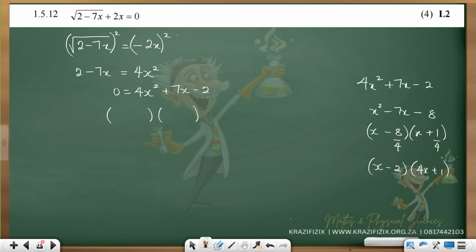So I can write this conventionally now, equals 0. What do I have? x minus 2 and 4x plus 1. So x minus 2 equals 0.